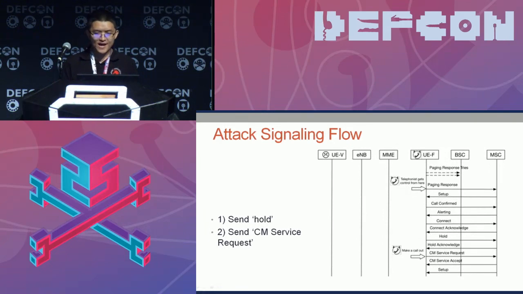After the call is hijacked, the telephonist makes a call out by sending holding message and then CM service request. We can see the network side sends back a setup message. It doesn't require authentication.